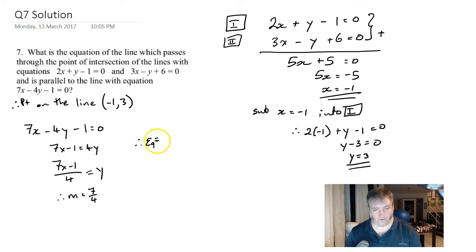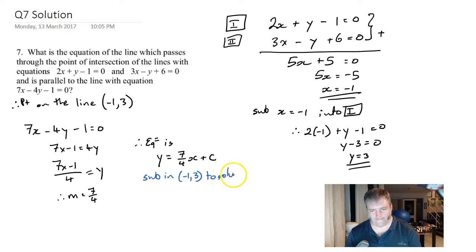So what's the equation of the line that I'm looking for? The equation I'm looking for is in the form y = 7/4 x + c. So I've got the gradient. I want to calculate c. What do I do? I sub in that point that we've been given, -1, 3, to solve for c. Once I know the gradient, if I can find a point on the line and substitute it in, I know that's going to be true.